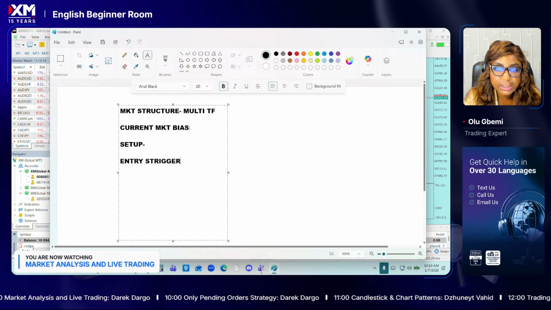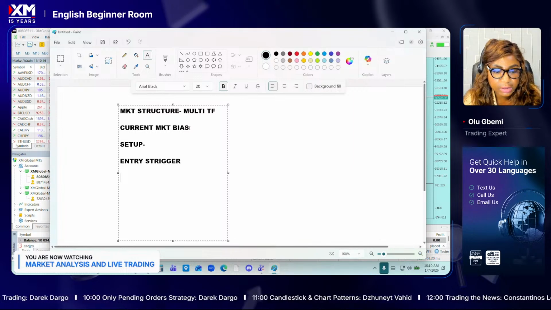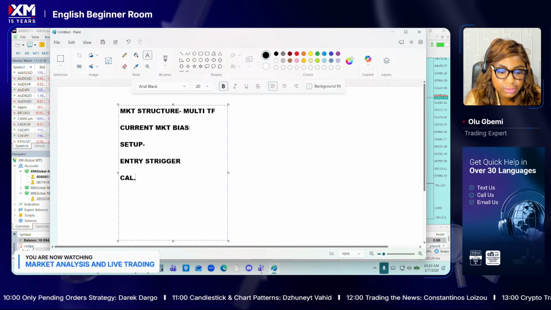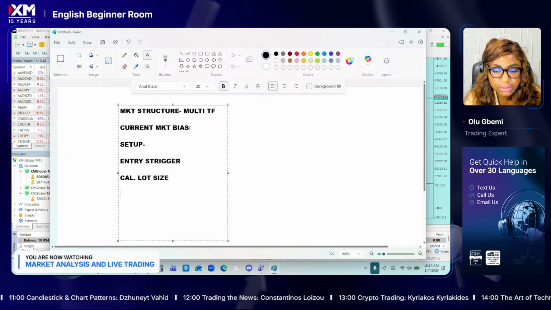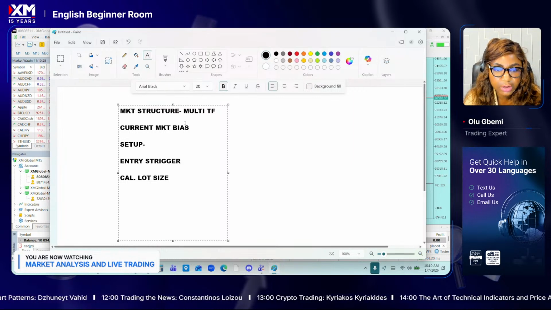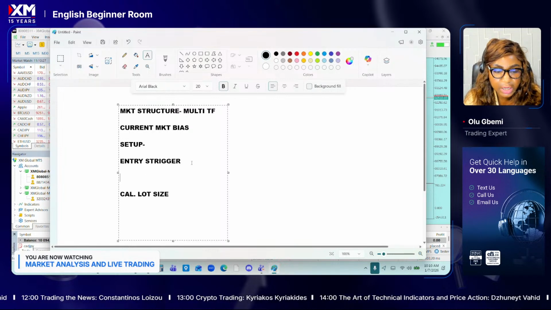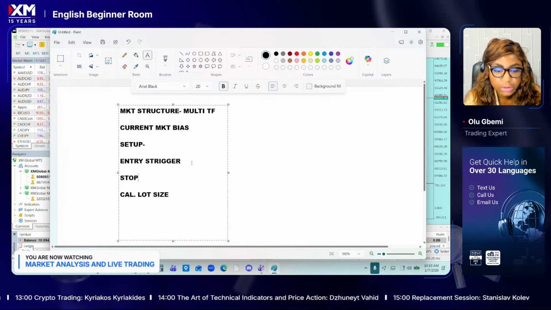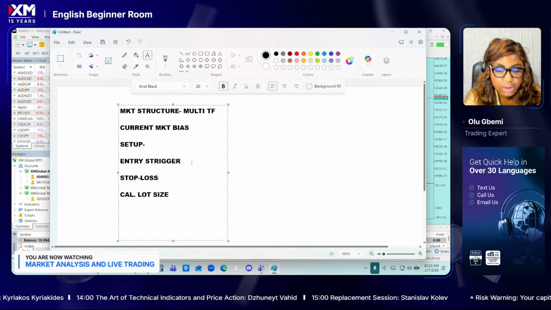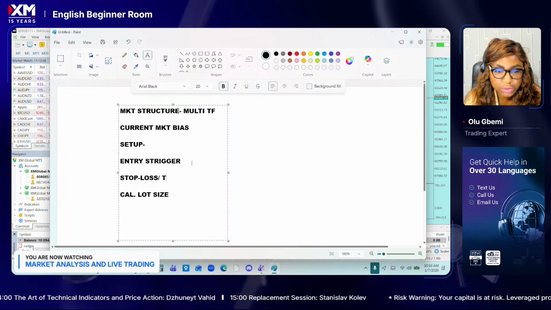So the next thing is that I'll calculate my lot size. No, before I calculate my lot size, I would find where my stop loss and take profit will be.